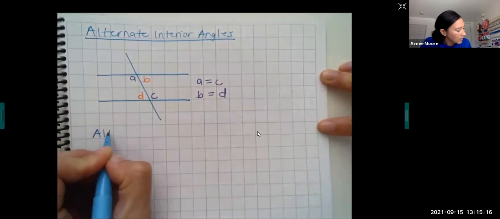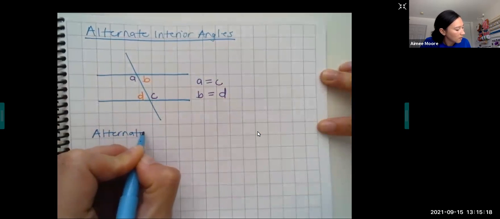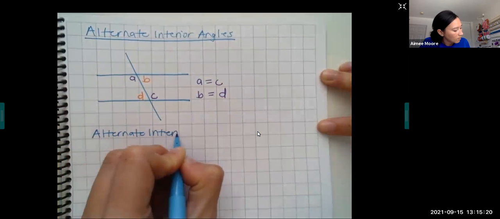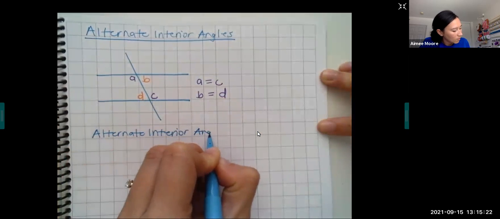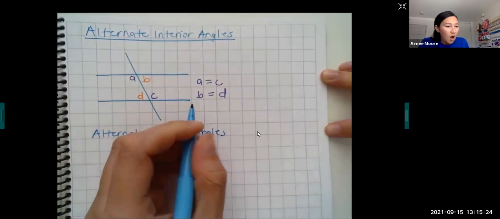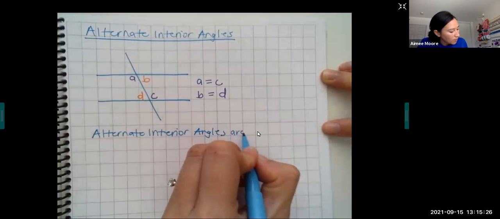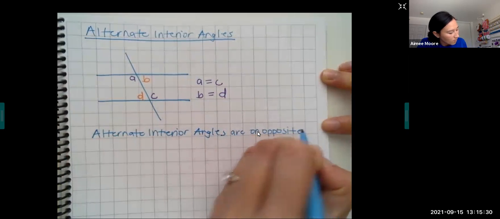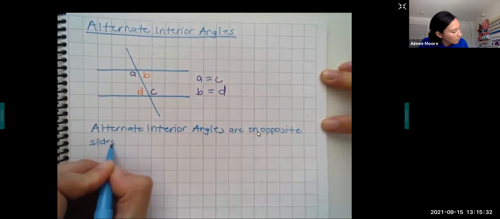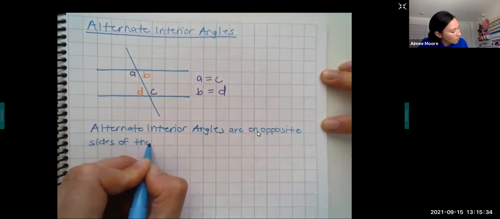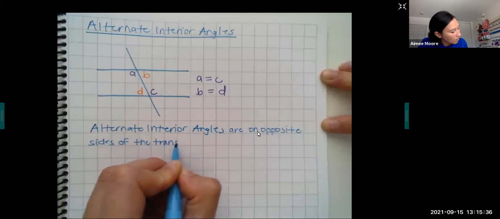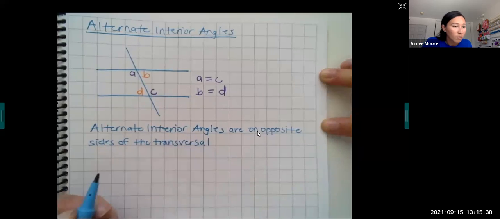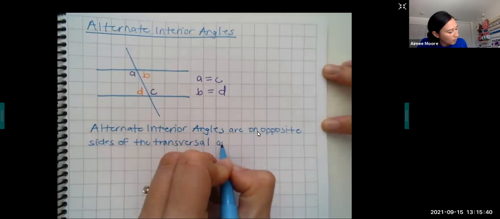So alternate interior angles are on opposite sides of the transversal. And are congruent.